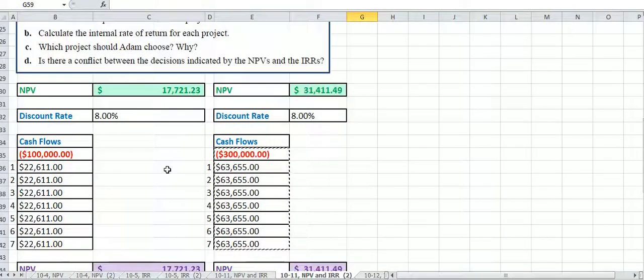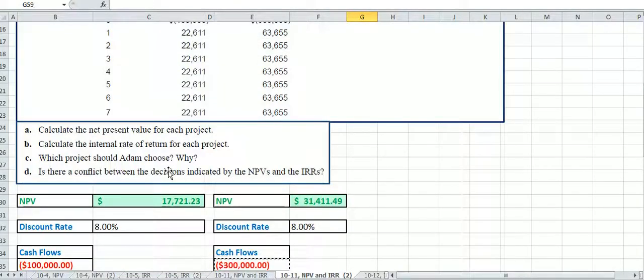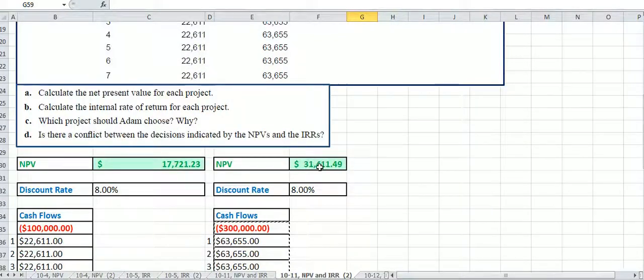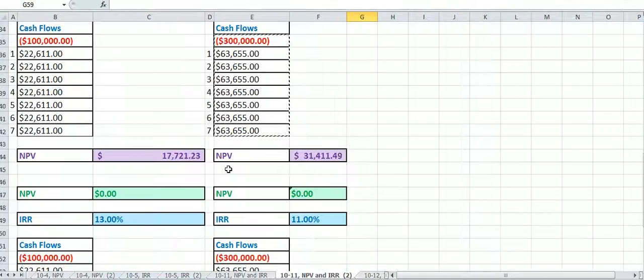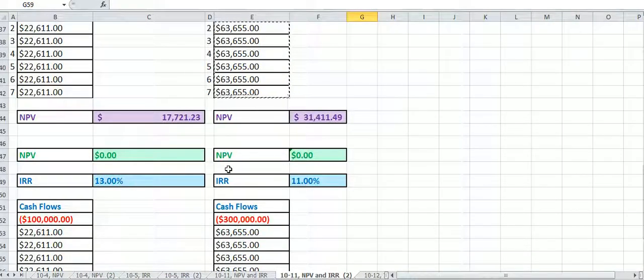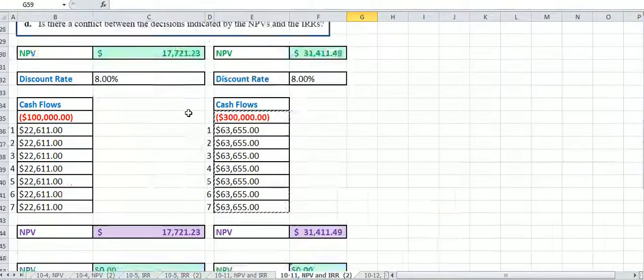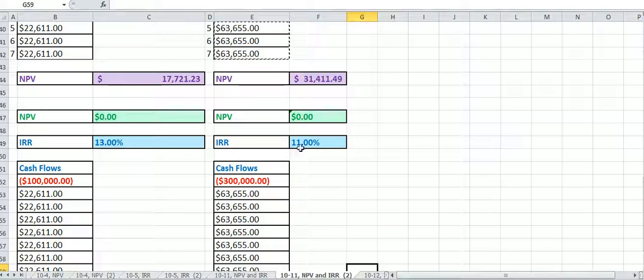So there's a conflict. If we just look at the NPV, we should do Aaron's project because the NPV is much higher, almost double. But if we look at just the internal rate of return, we should do Kyle's project because 13% is higher than 11%.